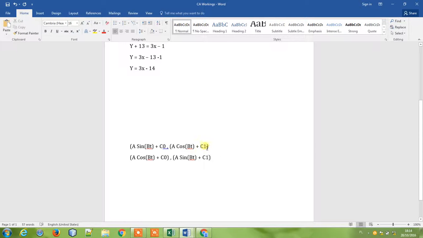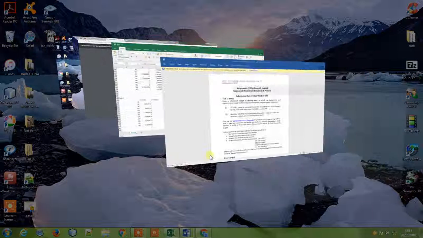But since I added a value of 1 over here, it shifted over, and the center was at 0, 1 instead of 0, 0. So through C0 and C1, you control the center of the circle. If you change any of those values, you can use those to move your circle around the graph.